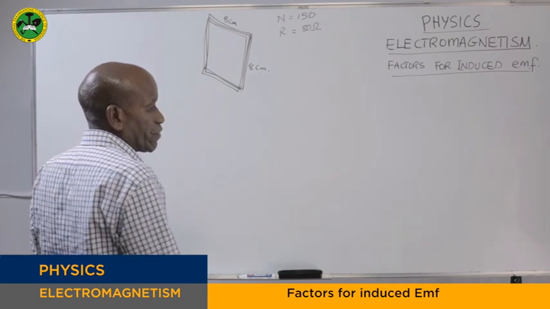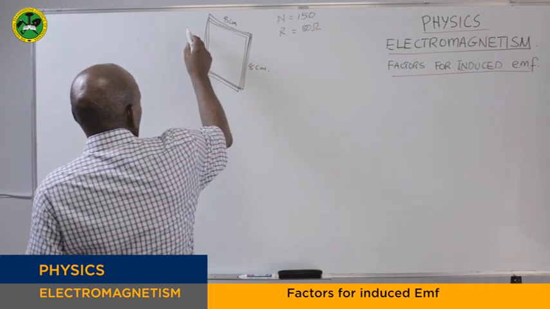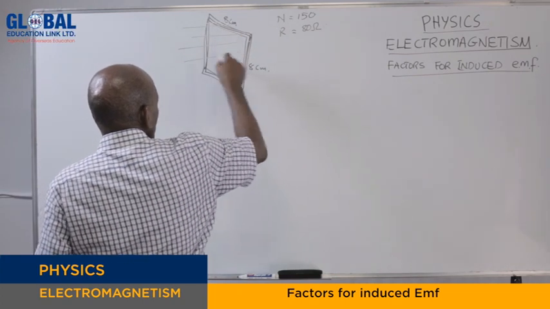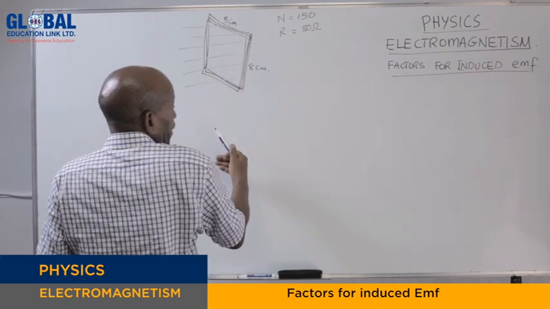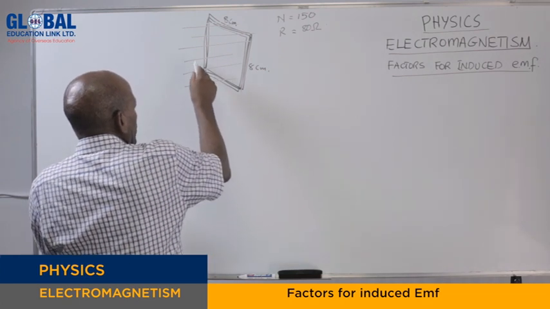Now this is positioned perpendicular to a uniform magnetic field. So we have a magnetic field crossing through it perpendicularly. The plane of the square coil is perpendicular to the magnetic field.